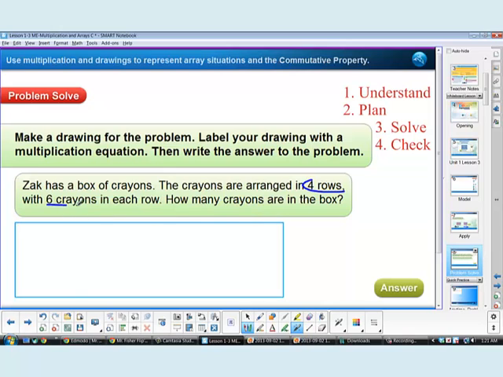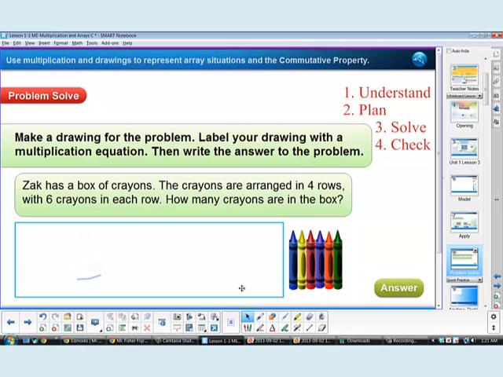Second, there are 6 crayons in each row. So we could count that out, going 1, 2, 3, 4, 5, 6. But we have to make how many rows? 1, 2, 3, 4. That strategy doesn't work.